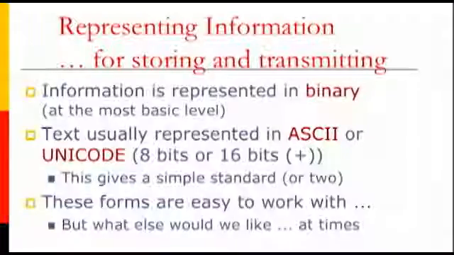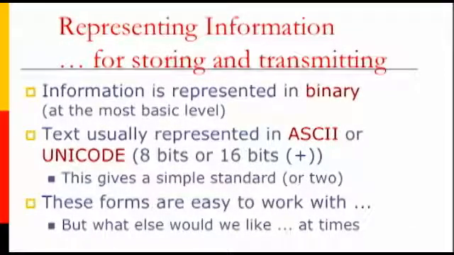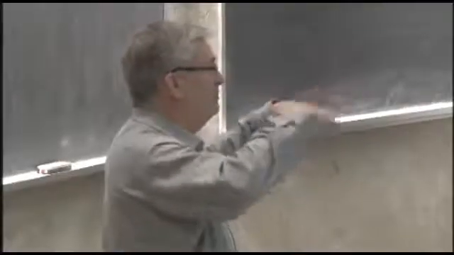If you want to represent text, I'm going to focus on that rather than pictures. There are similar things to be said about pictures, but it's a lot more complicated, and I get the message across more by thinking primarily about individual characters. Text is usually represented by a standard encoding.